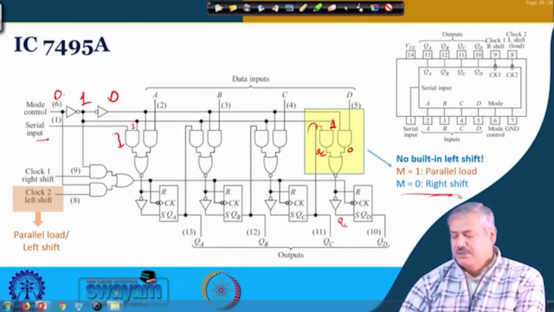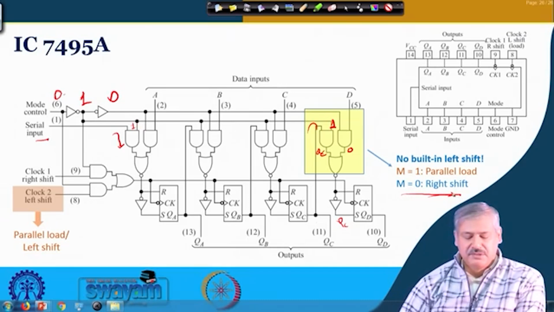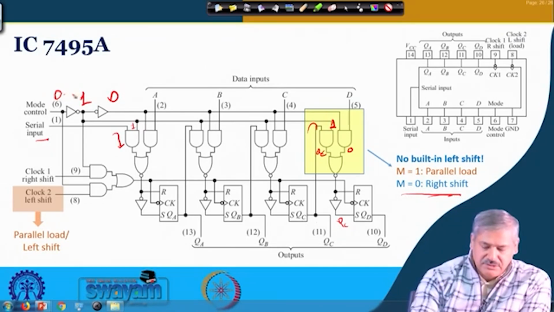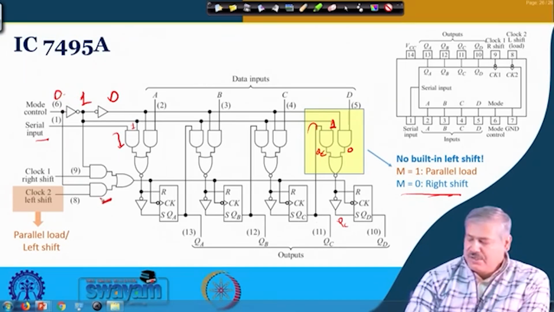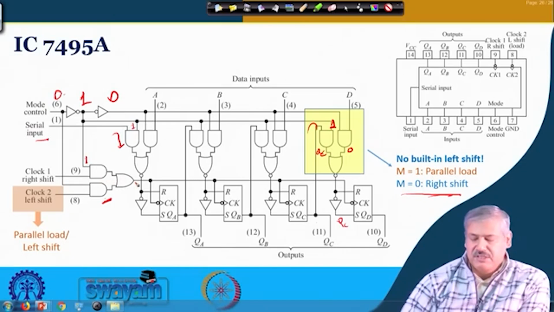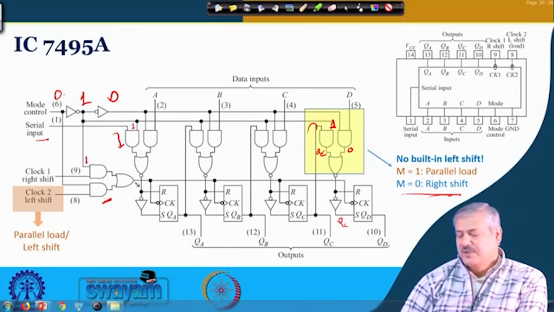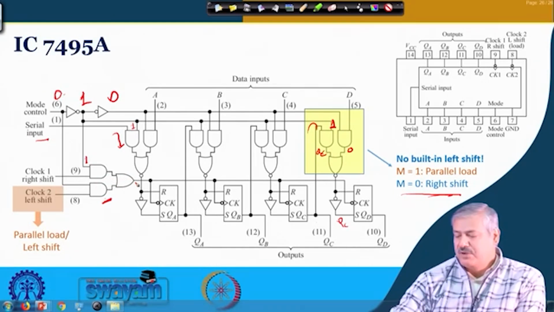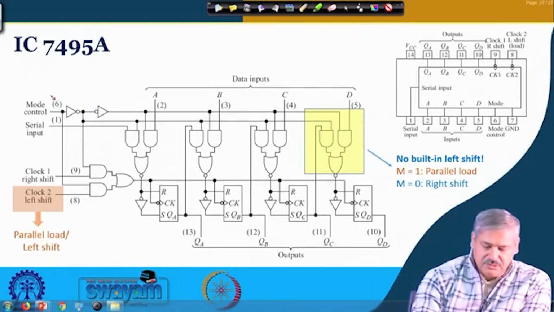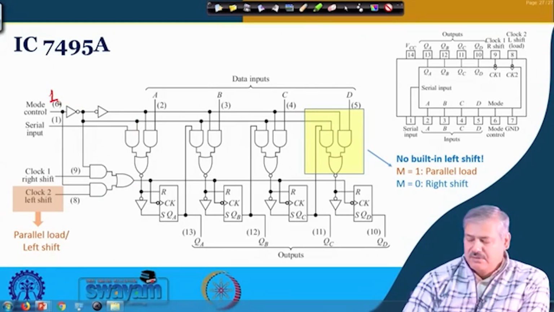So, that is your right shift operation, and when mode is equal to 0, you can see that this clock is defunct, okay. At that time this is 1. So, the right shift clock is functional, okay.